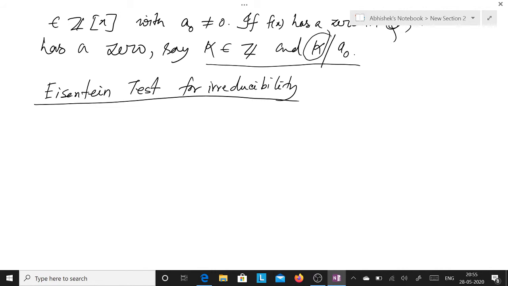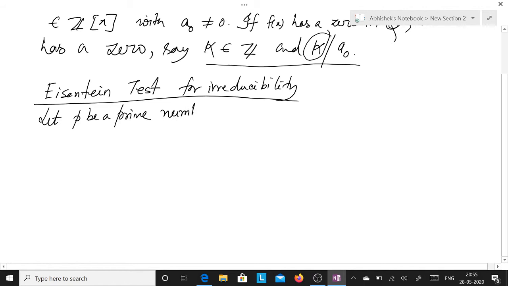Okay. So what is the statement? The statement says that first of all you need to choose a prime. So let us consider a prime number p, and this part is important. That choice of p is very important, and I will tell you how to choose this prime. So this is very crucial for this test.